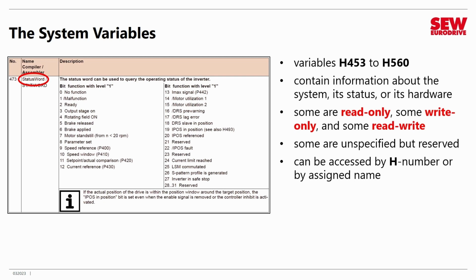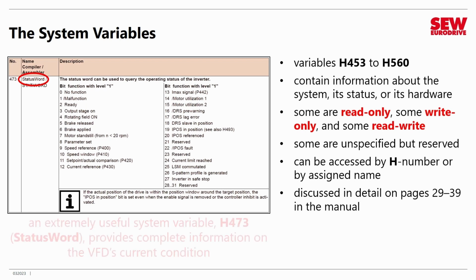You don't have to remember H473 does this. You just remember, okay, I'm using status word because that's giving me the status of the VFD. These are discussed in detail on pages 29 through 39 in the manual, so go there to learn about these. I'll be introducing some of these in this class, but some I leave up to you to explore.